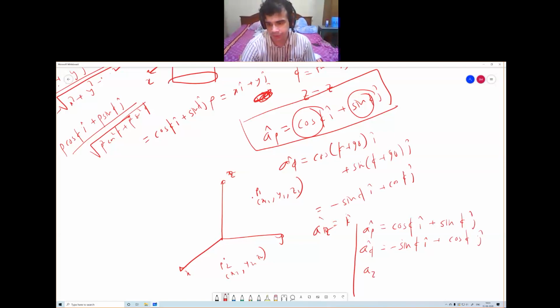And a z is k. Is this okay? You check any of them, the vector magnitude will always be 1. And using this, you can make the reverse conversion. You can get i and j in terms of a rho and a phi.